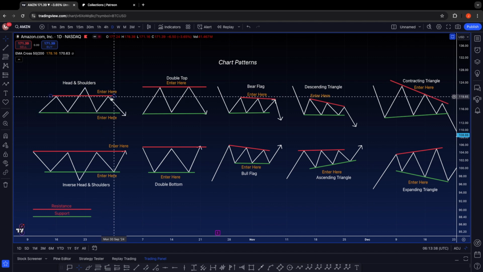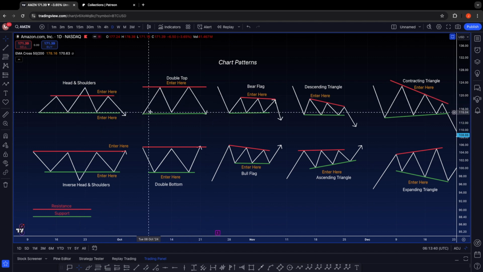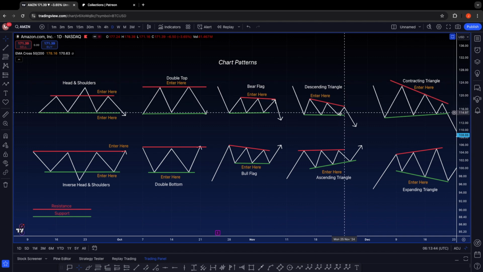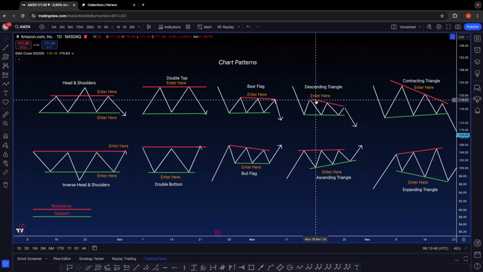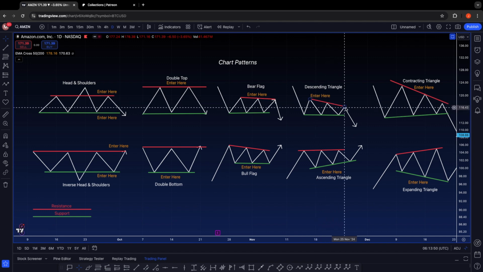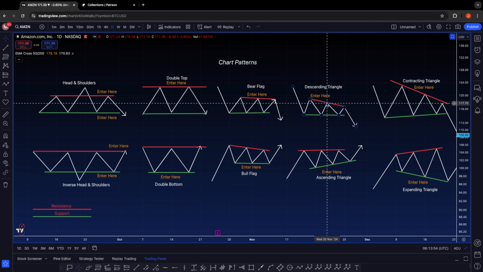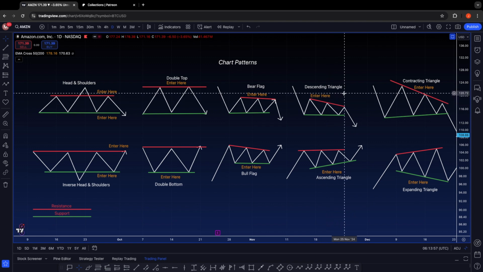It doesn't look like we're really confined in one area. In this case, in the flags and the triangles, we are. So this is where you're sort of able to predict and mitigate some of that risk when trading at these areas to continue maximizing your potential in your trades.